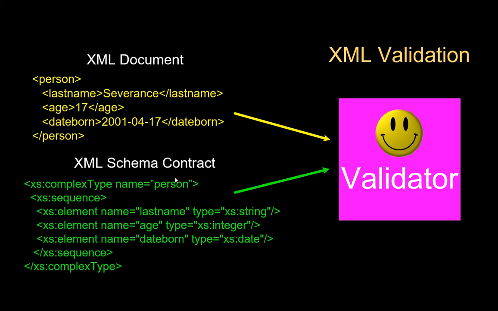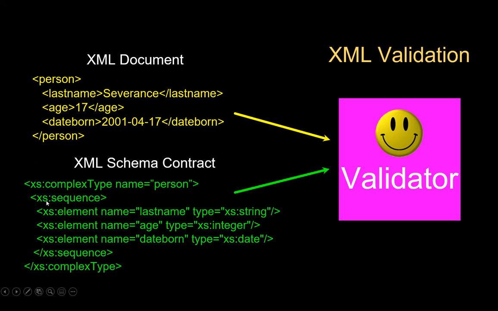So an example would be here. We have a tag of person with the last name, age, and date of birth. So that's our document. In the XML schema, each tag starts with xs colon. Basically, that identifies that we are dealing with a schema. And so here we have the complex type named person. So this is going to be our root tag, which is person.